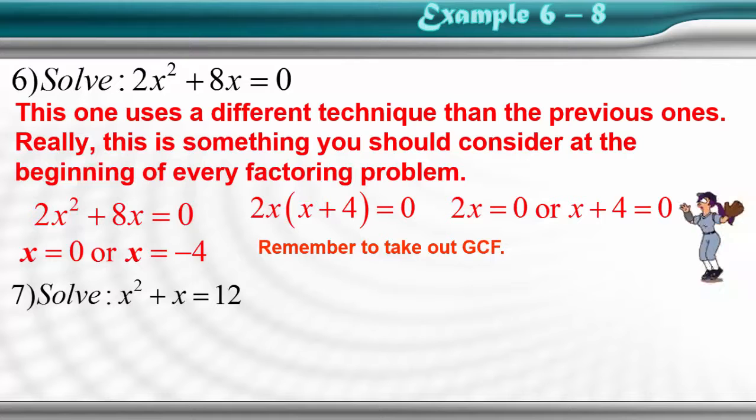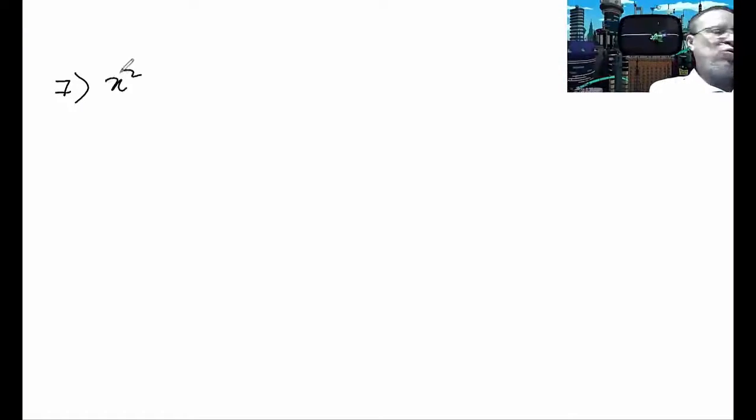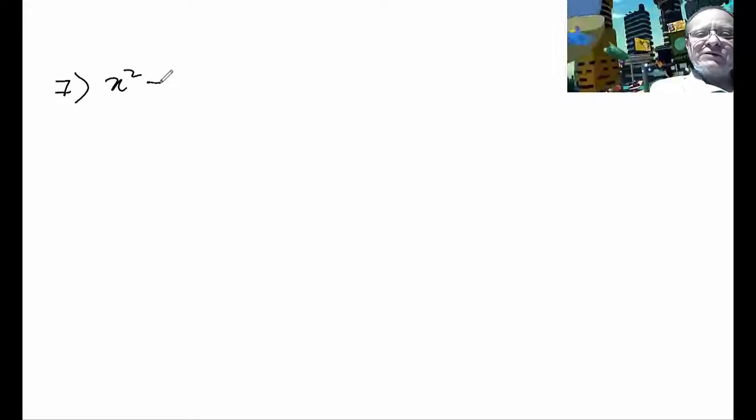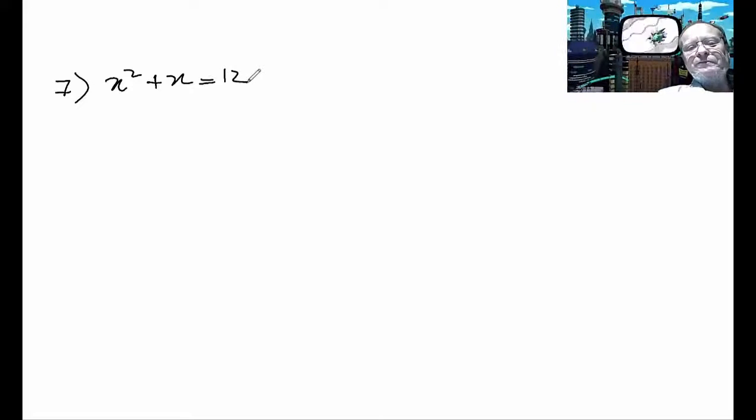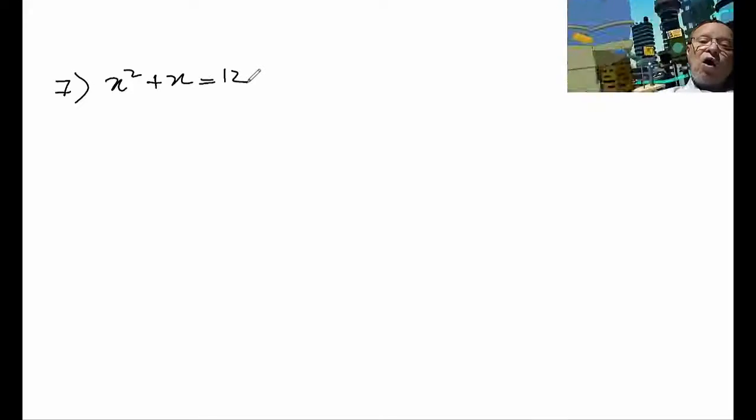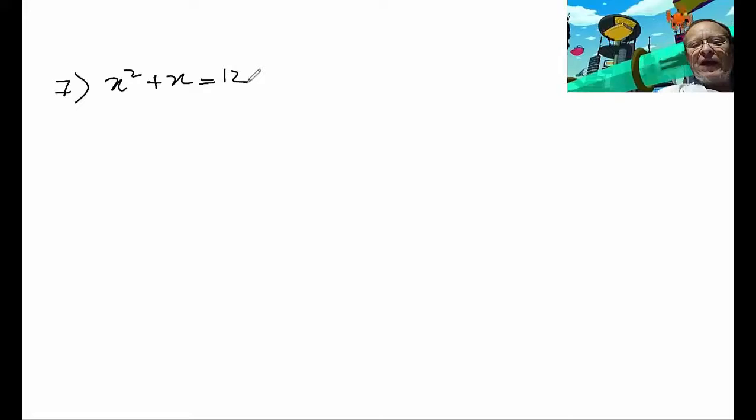So let us go over to the whiteboard and work this one out. In example number 7, we have x squared plus x is equal to 12. Now, at first you may think, oh wow, I can just factor out that x.